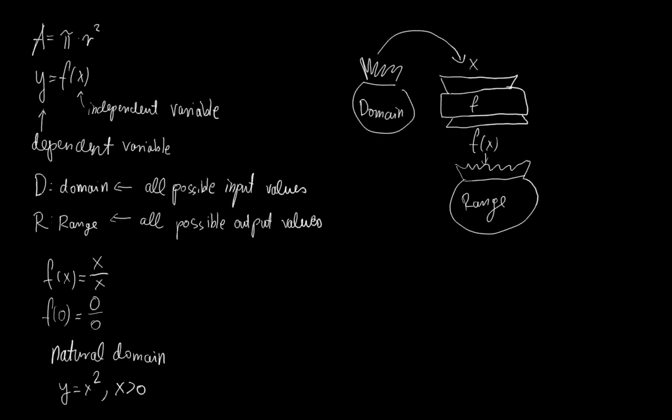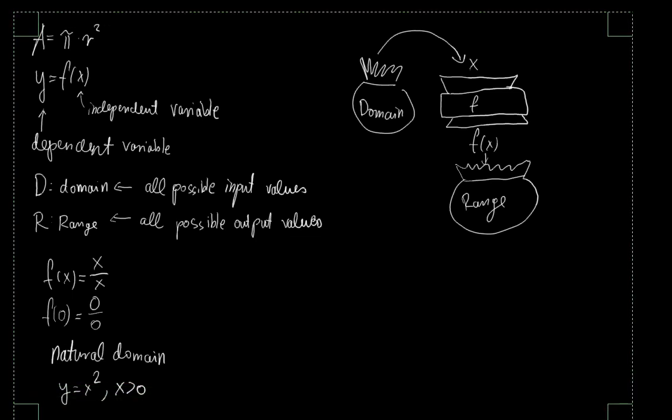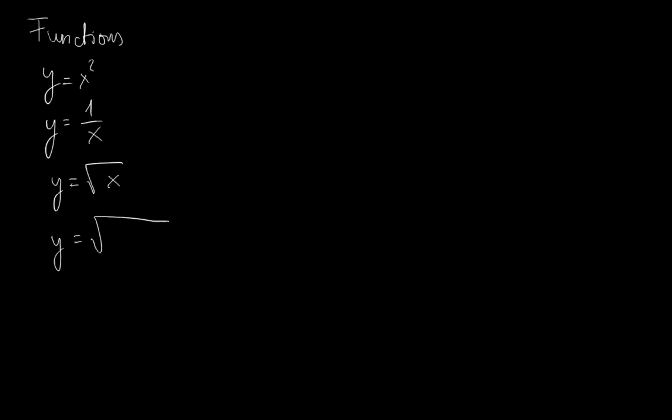Now we are going to play a little game. I just need some more space. Now verify the domains and the ranges of the following functions. So I will write up the functions, and those are going to be y equals x squared, y equals 1 over x, y equals the square root of x, y equals the square root of 4 minus x, and the last one is going to be y equals the square root of 1 minus x squared.